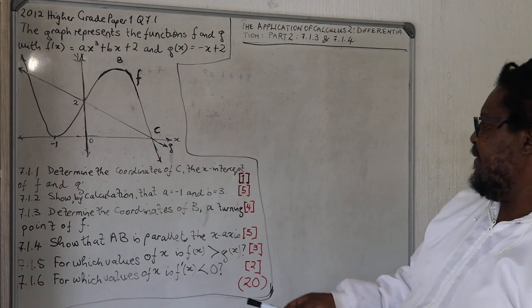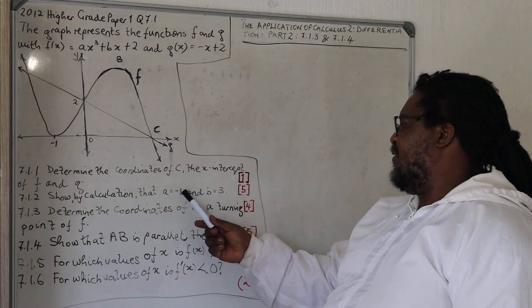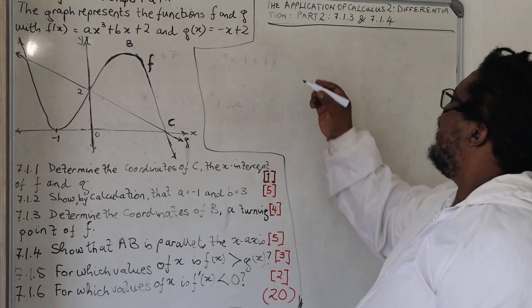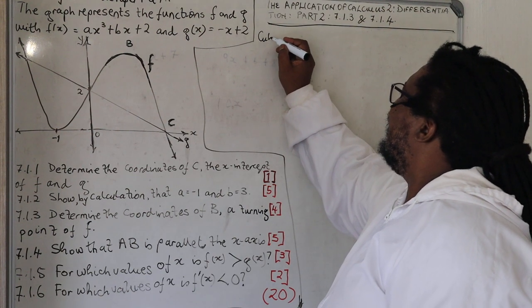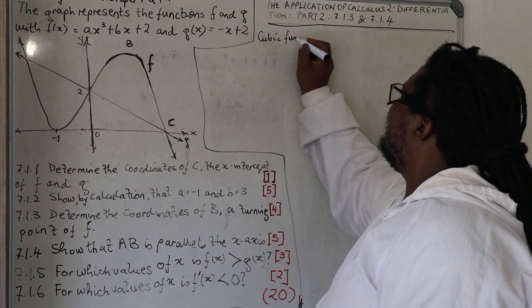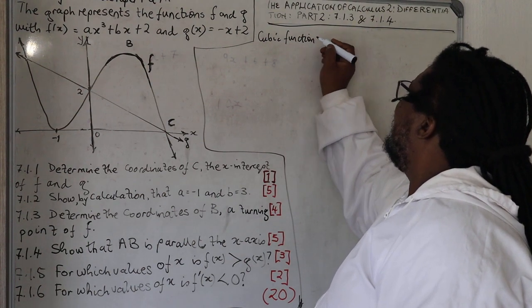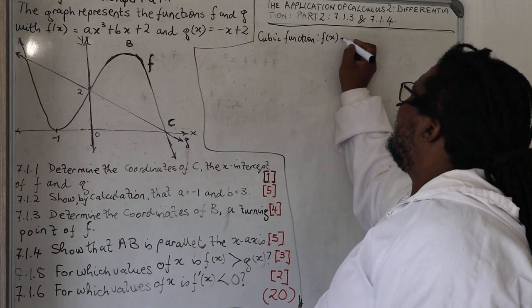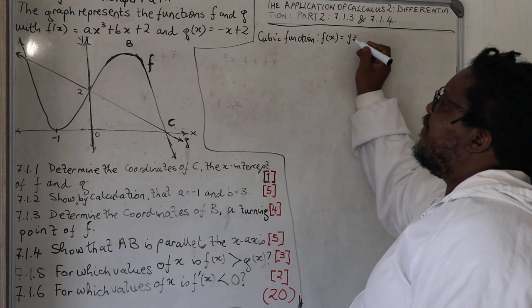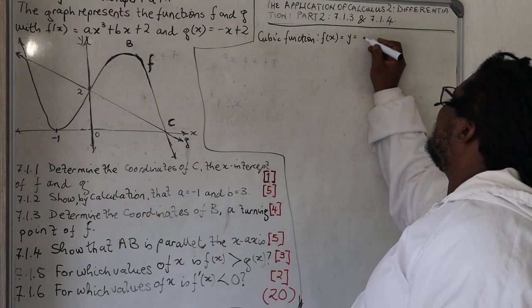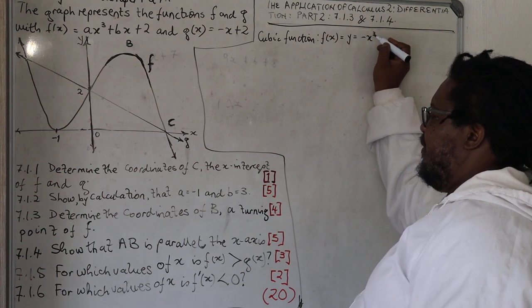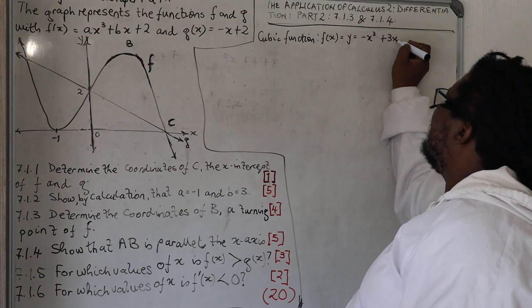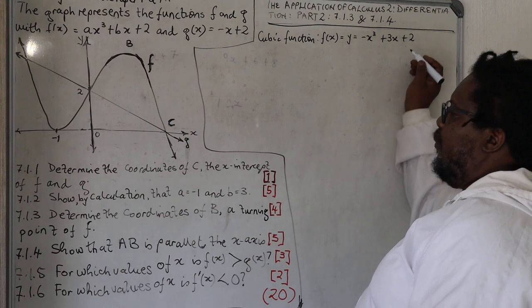So we have already shown that A is equal to -1 and B is equal to 3 as required. Therefore, the cubic function f(x), y is equal to, our A is -1, so this is minus x cubed, and our B is equal to 3, plus 3x plus 2.